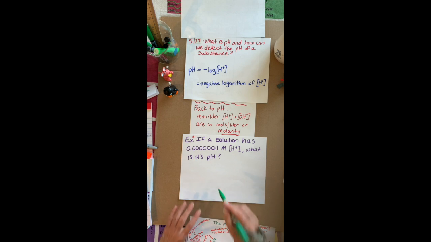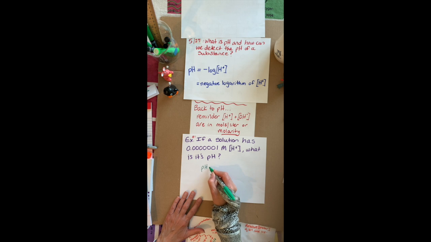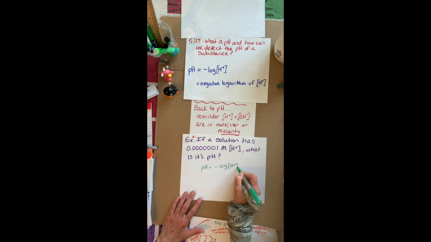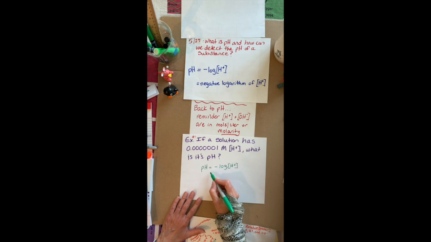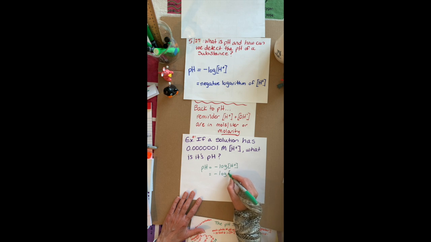Let's plug that in. pH equals the negative log of the hydrogen ion concentration. Therefore, it equals the negative log of 10 to the minus 7.